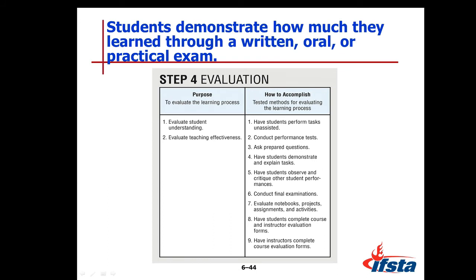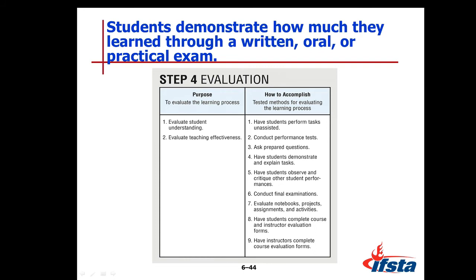Students demonstrate how much they learned through a written, oral, or practical exam. Evaluation, step 4. The purpose is to evaluate the learning process. You want to evaluate your student understanding, and you also want to evaluate teaching effectiveness. How to accomplish? Have students perform the tasks unassisted. Conduct performance tests.